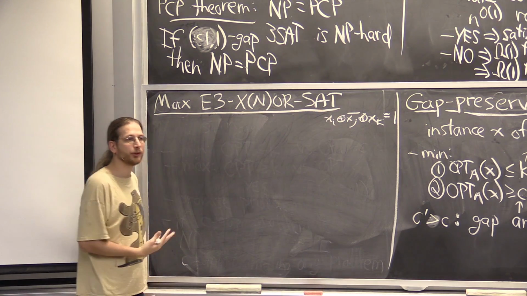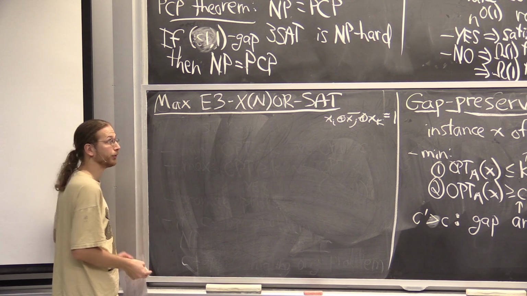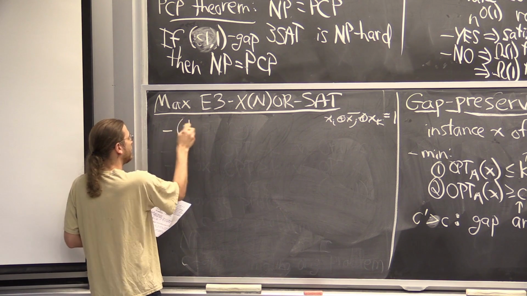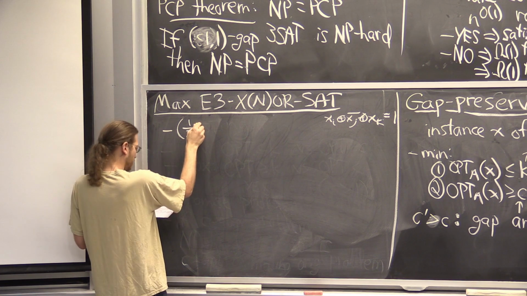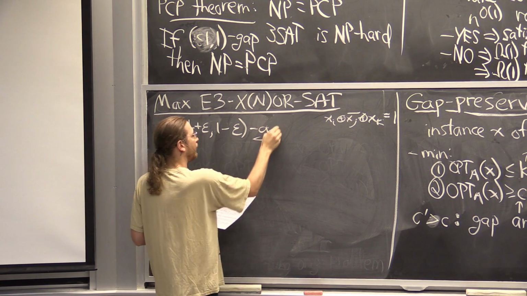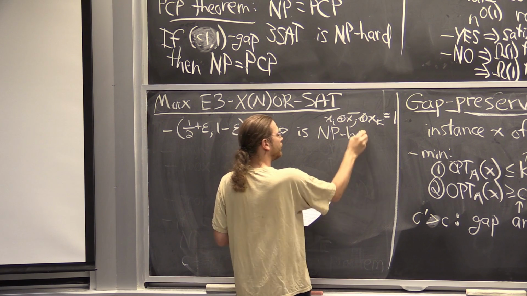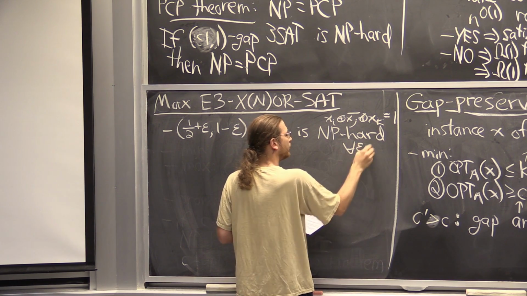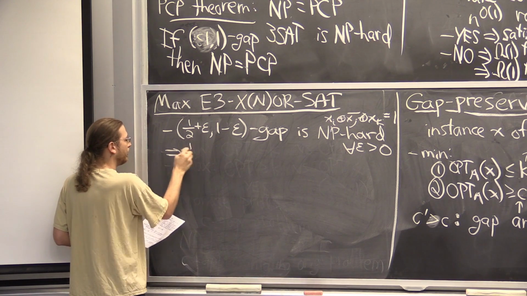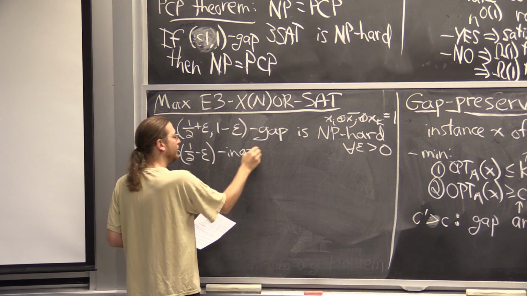I'm going to just tell you a gap bound on this problem, and then we're going to reduce it to another problem, namely max E3-SAT. The claim here is that this problem is (1/2 plus epsilon, 1 minus epsilon) gap hard for any epsilon, which in particular implies that it is 1/2 minus epsilon inapproximable, unless P equals NP.